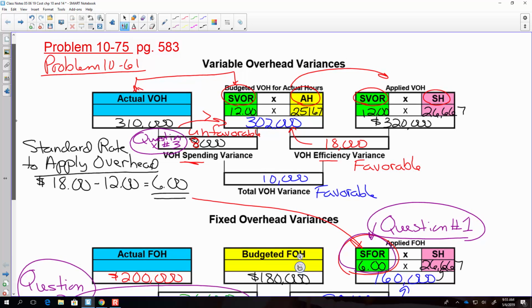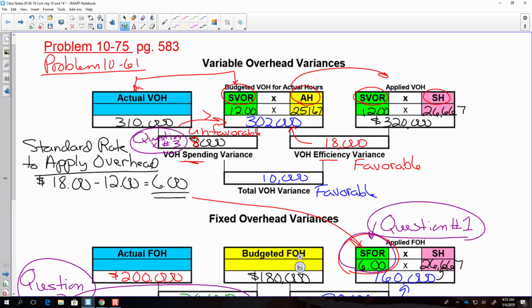Question 4, though: determine the standard hours allowed per unit of product. We basically got to use this number, right? The 26,667. Remember that this is the allowed hours to make how many units? How many actual units did we make? 100,000.